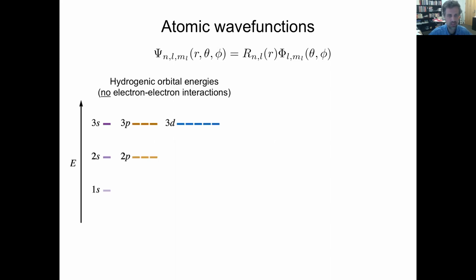So the energies of these wave functions are shown here. This by now is pretty clear, I hope. We have the 1s, the 2s, the 2p, 3s, 3p, 3d, and so forth. Those are the energies associated with the wave functions that follow directly from the solution of the Schrödinger equation. And so the beautiful thing about this solution is that it's exact.